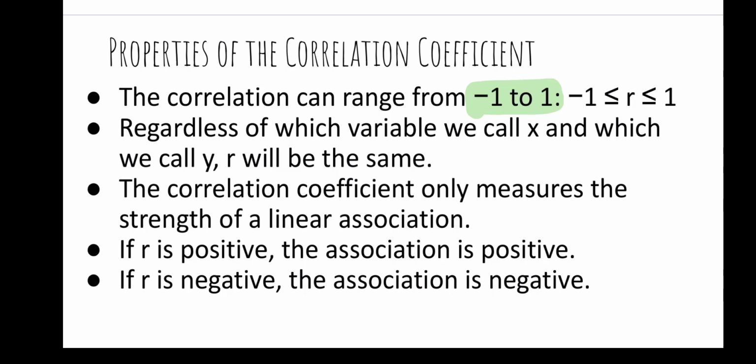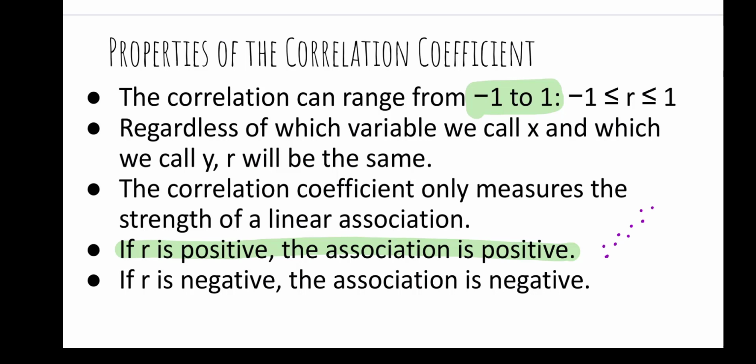So here is the deal, though. This is really important. If r is positive, that means the association is positive. That means you have points trending upward.